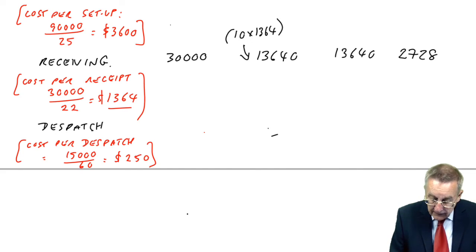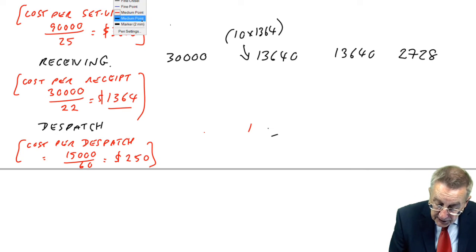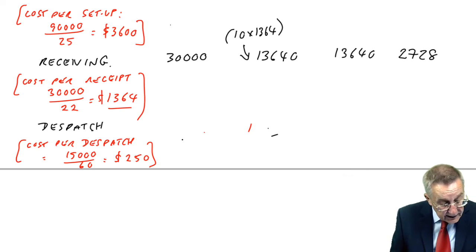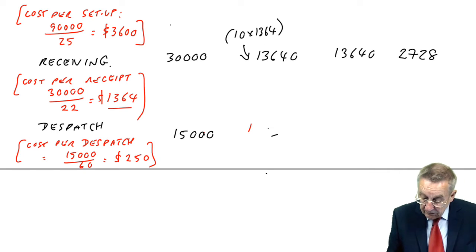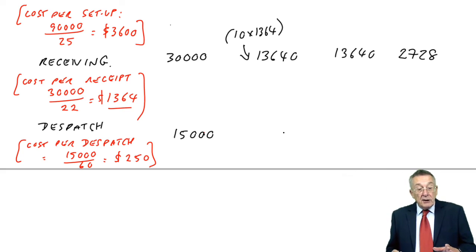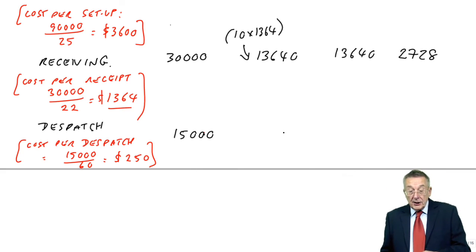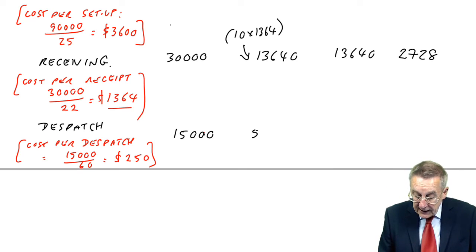250. And here I certainly shouldn't need to show any workings, but the total cost of 15. Each of them has 20 dispatches, and at $250 each, 20 times 250, it's 5,000.